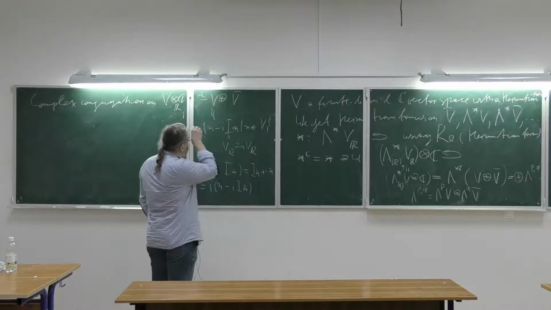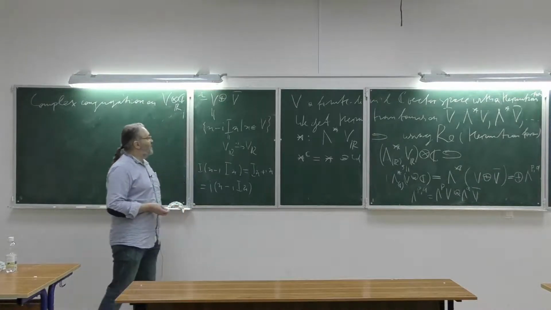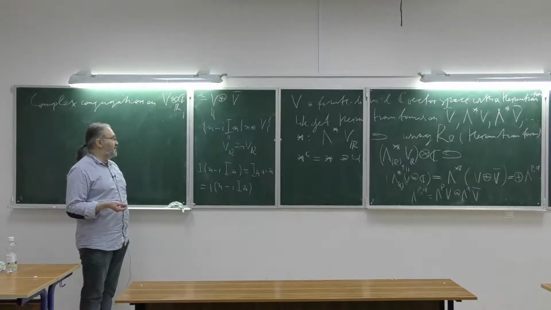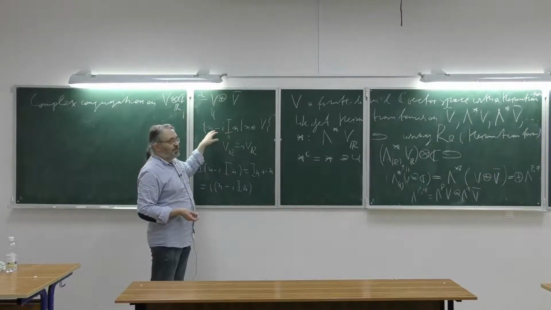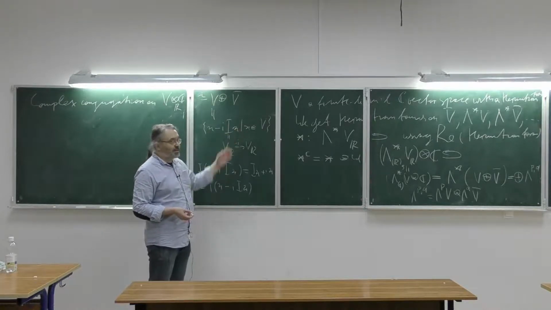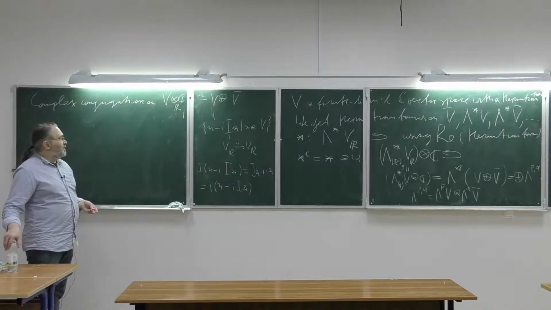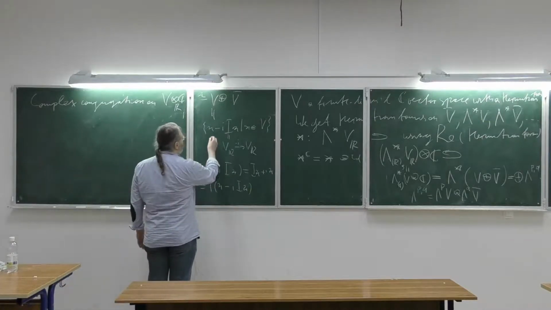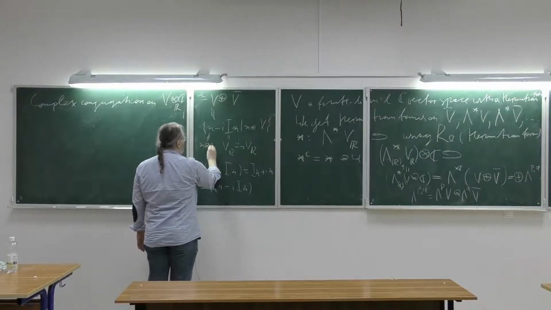Okay, now what happens if I apply the complex conjugation? Well, I get the same expression, I get x plus ix, where by x I mean x tensor 1.